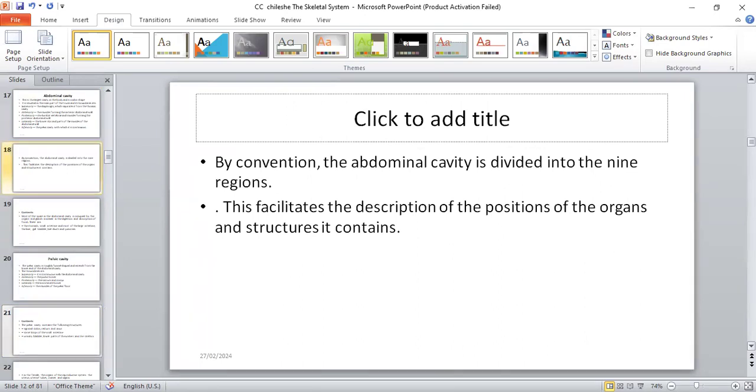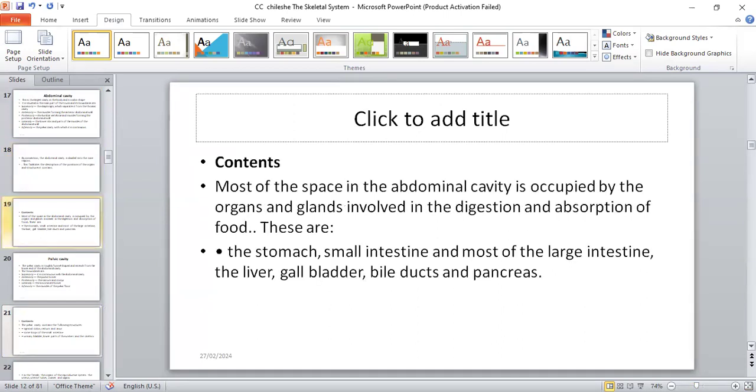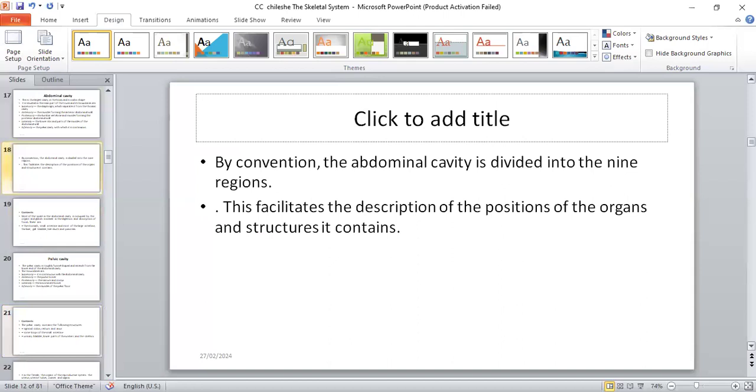Now, this abdominal cavity is divided into 9 regions, and we have covered some of that content already.